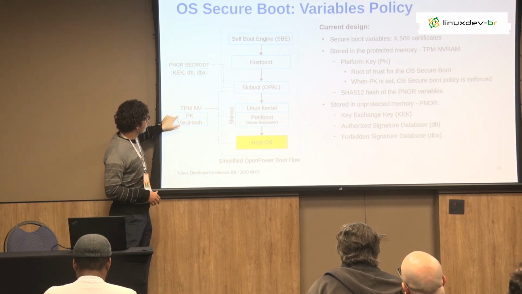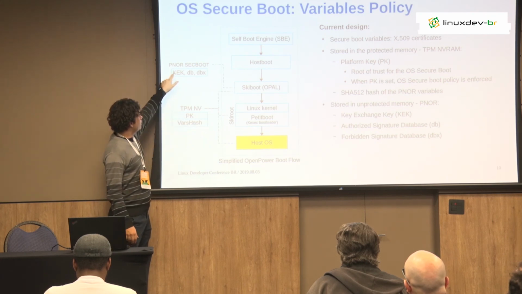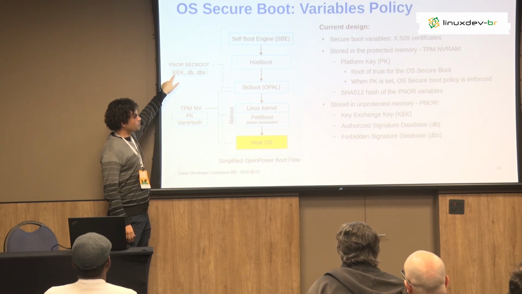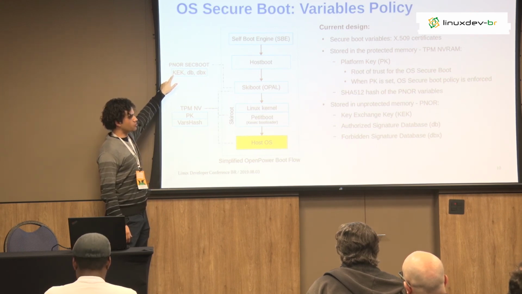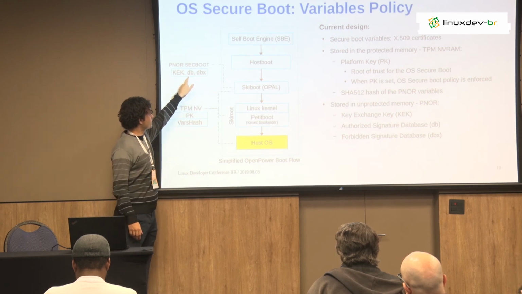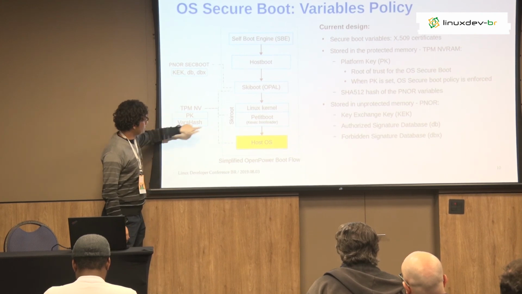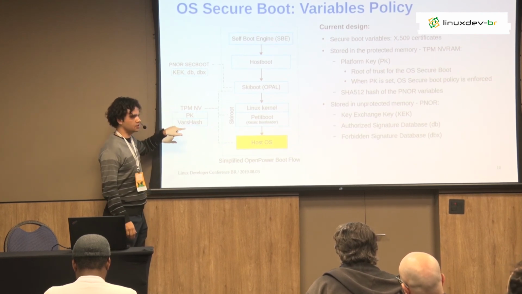The other keys, we put in the unprotected memory, but we give them some protection, actually integrity protection. We calculate a hash over these keys and put the hash here, because this memory is protected.